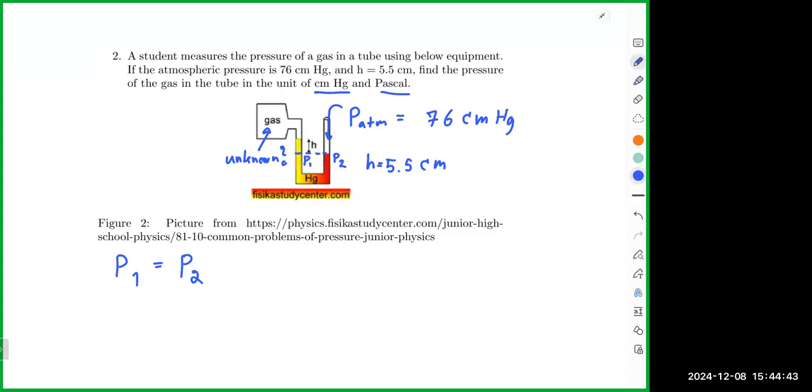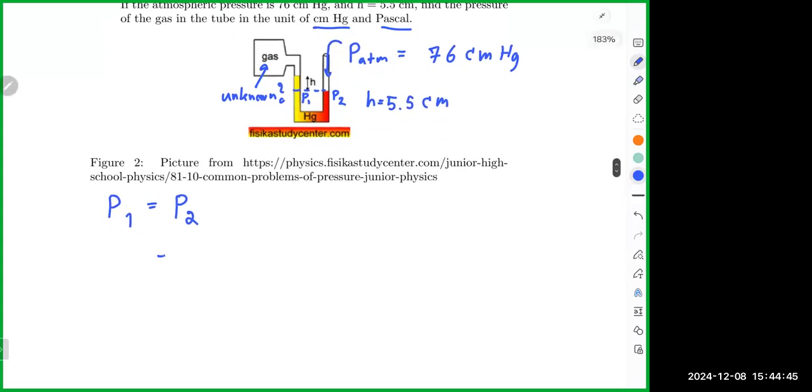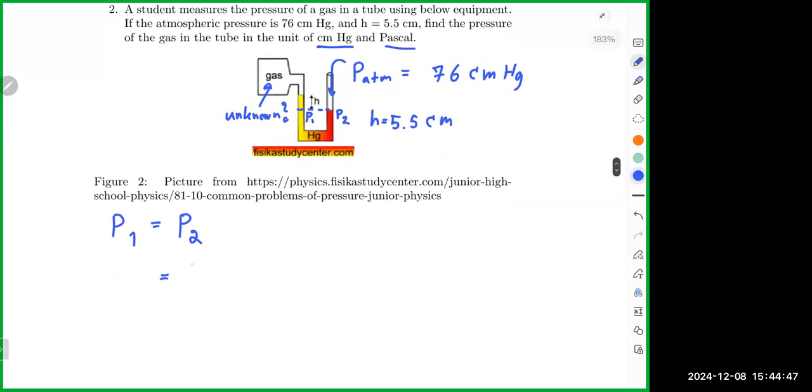Just consider P2 first. P2 is directly from the atmosphere. However, P1 has two factors: P from the gas and P from the gauge pressure. P from the gas is still unknown. P from the gauge pressure can be calculated by rho g h.